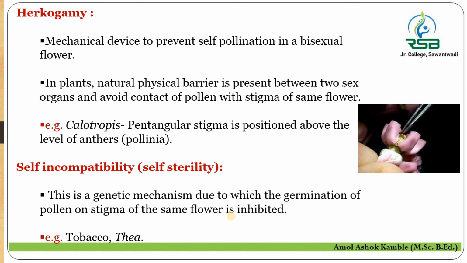On the basis of these agents, there are a total of 5 different types of pollination: anemophily, hydrophily, ornithophily, entomophily, and chiropterophily. And lastly, we discussed the various types of outbreeding devices which play a significant role to avoid self pollination and to facilitate cross pollination. So here we discussed all these points.